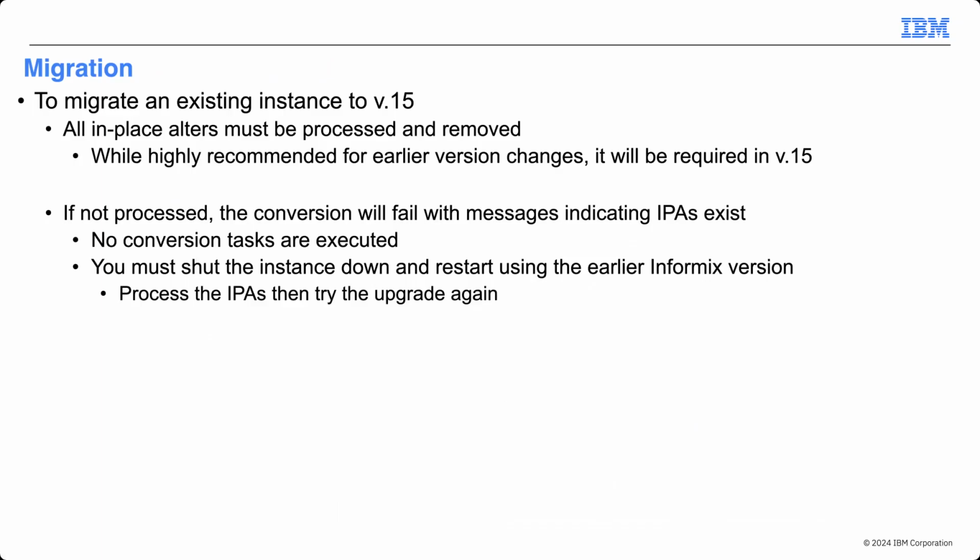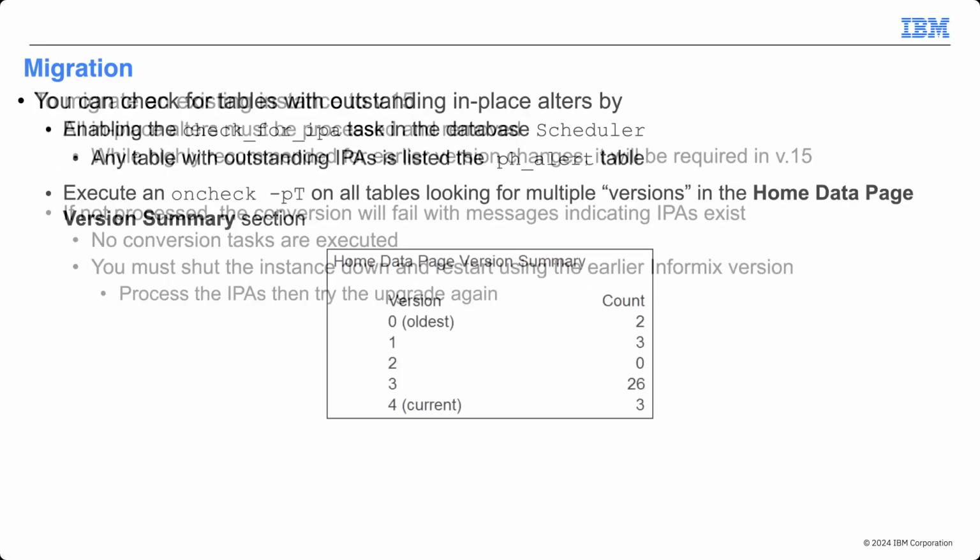You have to go back and restart the instance from your earlier version of Informix, and there's a whole bunch of information written in directories that you'll have to remove before you try and remigrate again. Like I said, there will be more information in my deep dives on this, but you absolutely, absolutely must make sure there are no in-place alters.